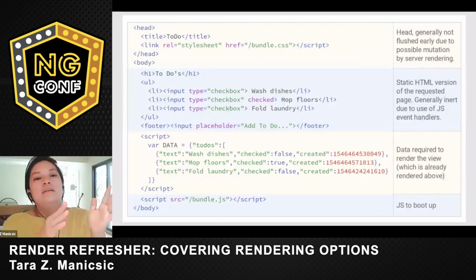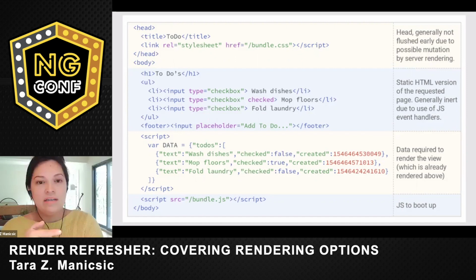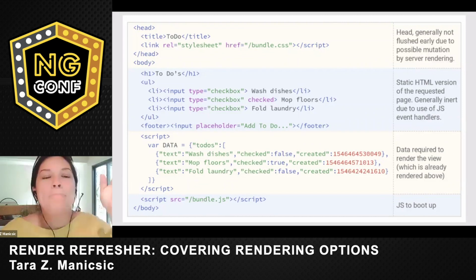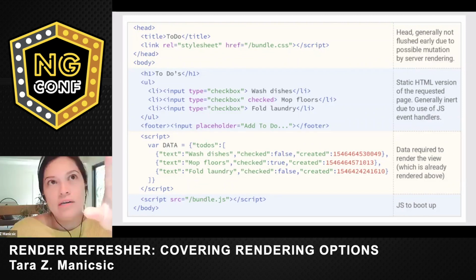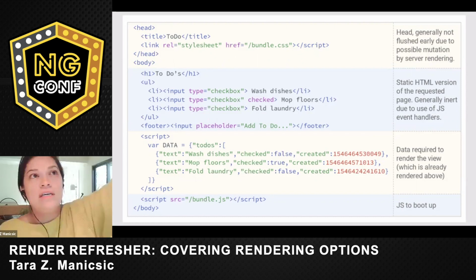So here, this is an image from a blog post that I'm going to share with you right after this slide from Jason Miller and Addy Osmani, called Rendering on the Web. But so they basically push out this information here. So you see that you have that head content above.